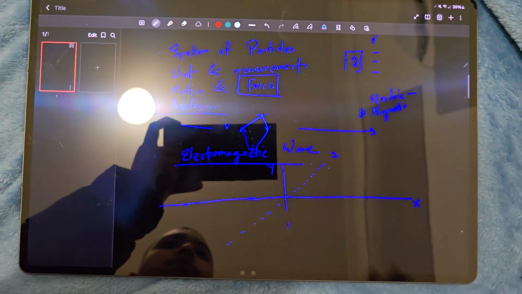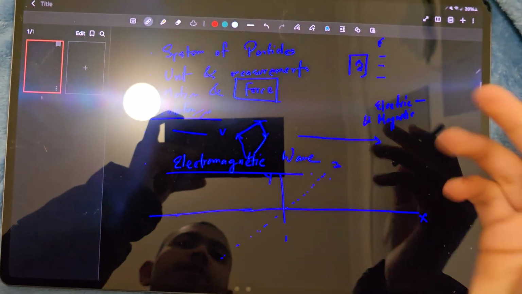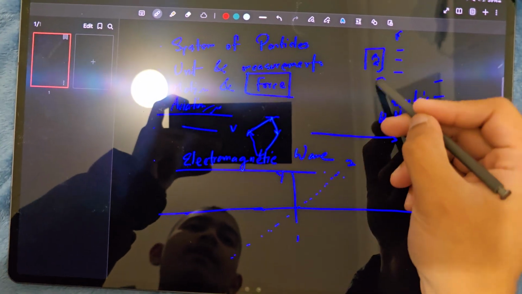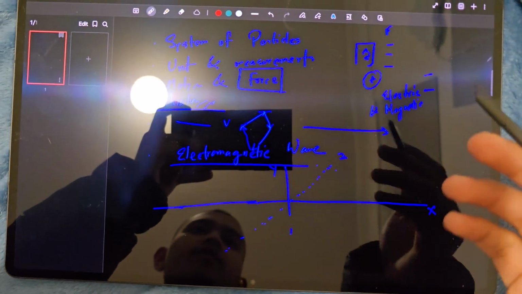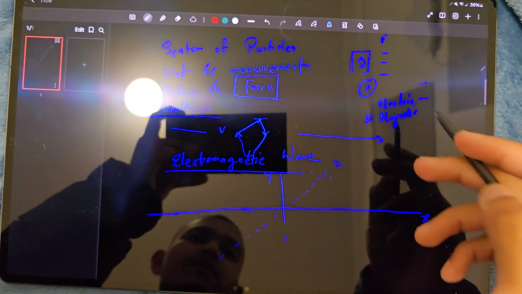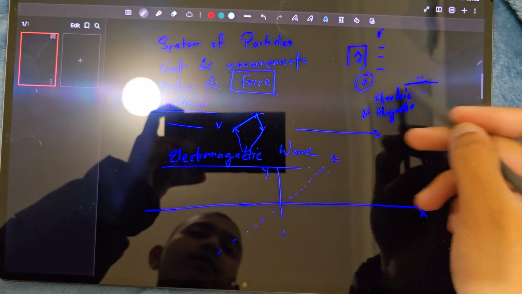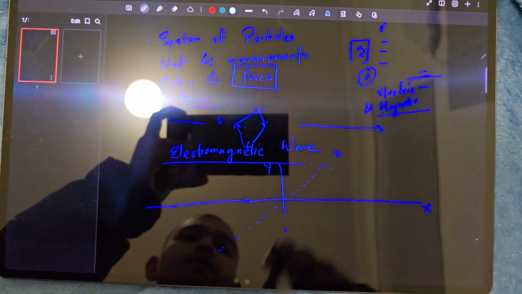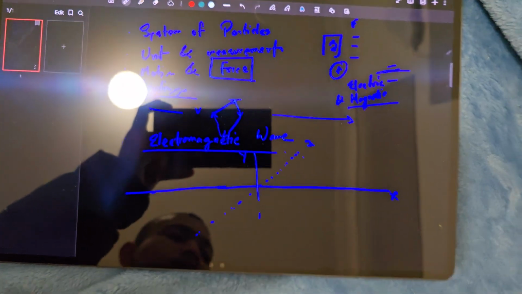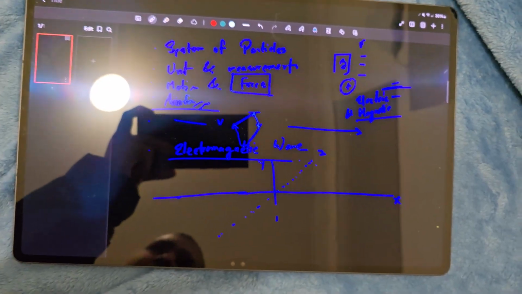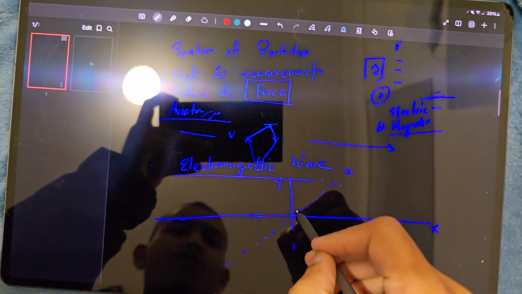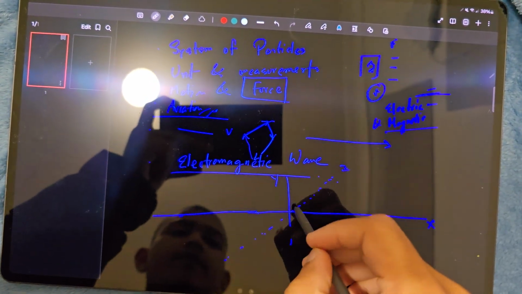So if there's a positive charge, it would feel attracted to a negative charge. If it radiates the positive charges, the negative charge would feel the presence of it because it's going to feel attracted, and it does have a magnetic radiation at the same time, which is quite impressive, I'd say.